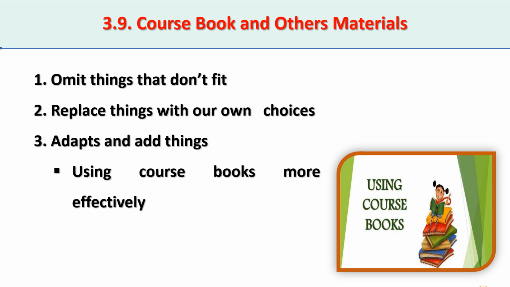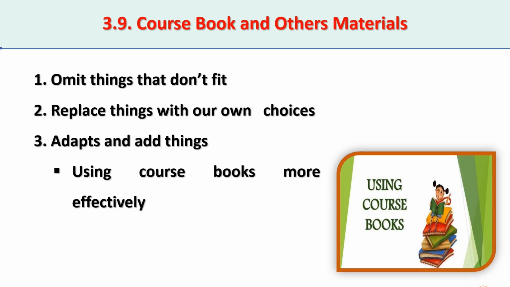Okay. About this point, 3.9, we focus on course books and other materials. In this point we clarify choosing a course book and how to apply the course book and materials effectively in our classroom.